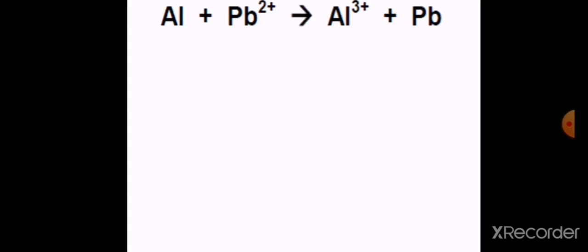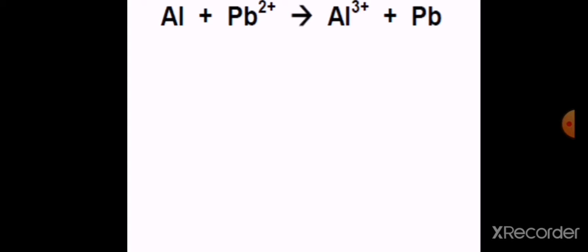So alin ba ang nag-decrease? So from itong lead, from positive 2, ang kanyang oxidation number or oxidation state or charge, naging 0. Paano naging 0 to? Kasi one of the rule in assigning oxidation state, kapag elemental, automatic na 0. So there's a decrease in the charge, so therefore it gains electron or it was reduced.